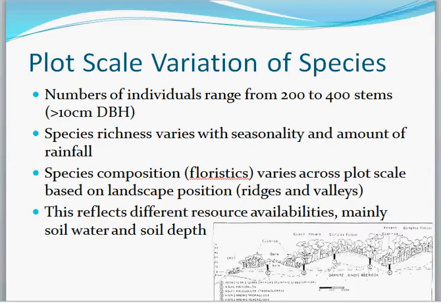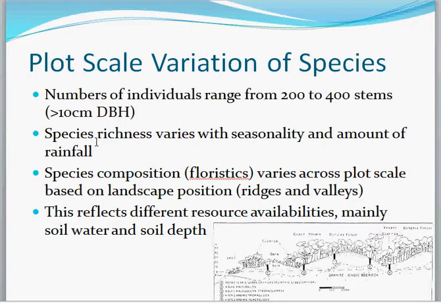So how does this species richness vary? It can vary quite well with seasonality and amount of rainfall, particularly in the neotropics. But there is some debate on whether this species richness is of ecological origin or of historical biogeographical origin.